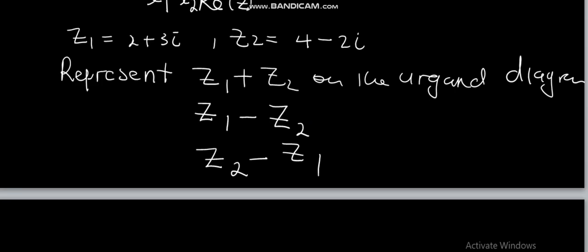They wanted us to represent z1 plus z2 on the Argand diagram, and in part 2 they wanted us to represent z1 minus z2, and in part 3 they wanted us to represent z2 minus z1. Is that okay? So we are going to sketch on the Argand diagram.